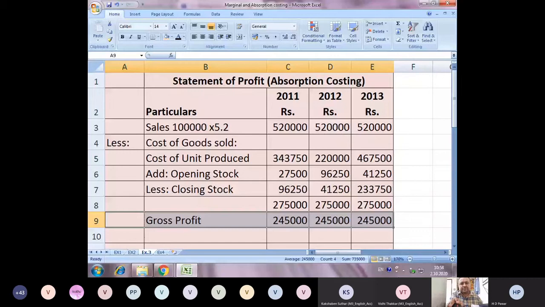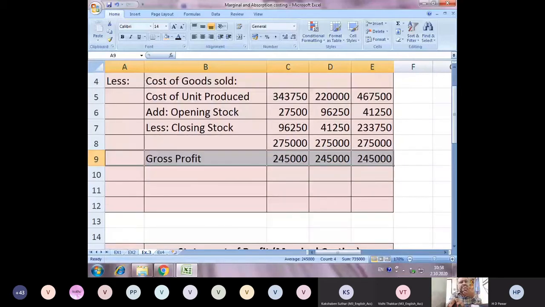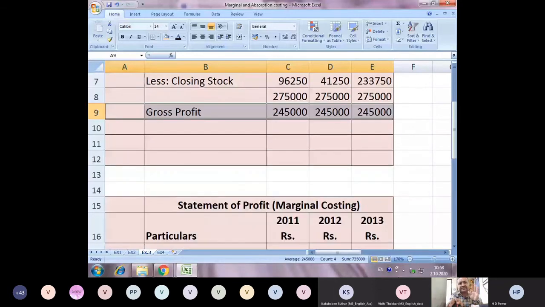Any confusion up to this? There are no selling and distribution or other expenses given here. So you only need to give the effect of under absorption and over absorption, as it is absorption costing.